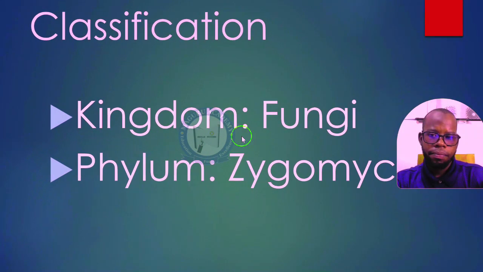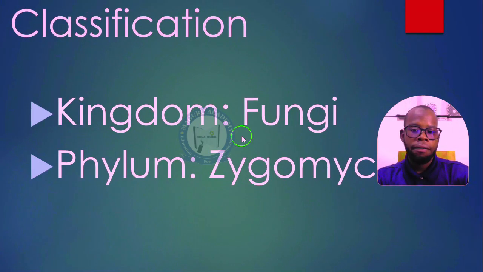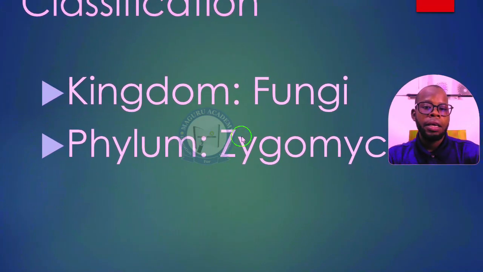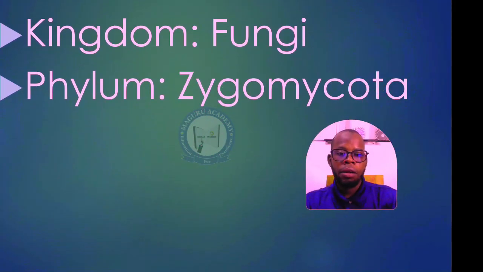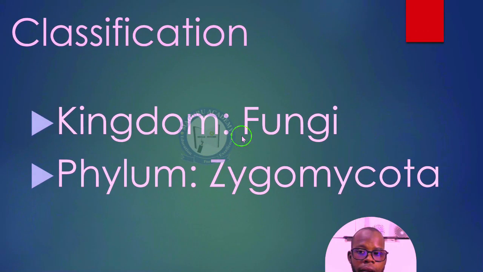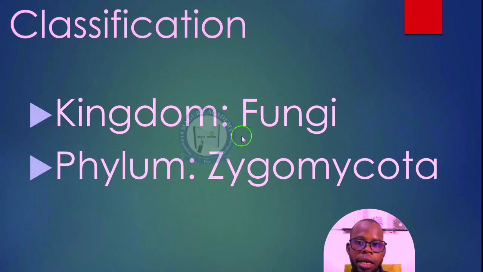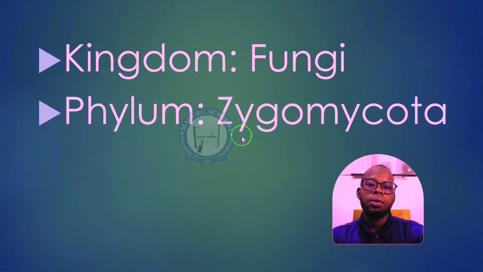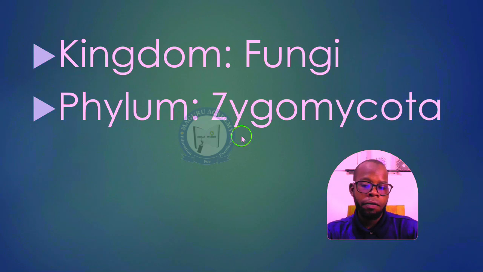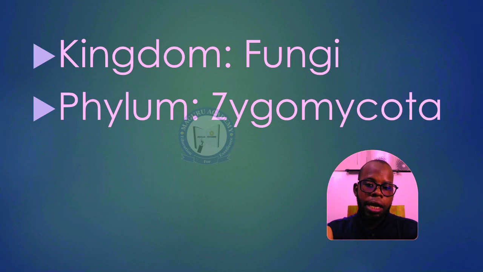The classification is kingdom Fungi, and the phylum or division is Zygomycota. When you are asked to classify up to division level, it means you start with the kingdom and come to the phylum or division. At O-level secondary school, for kingdom Fungi we end at the phylum.